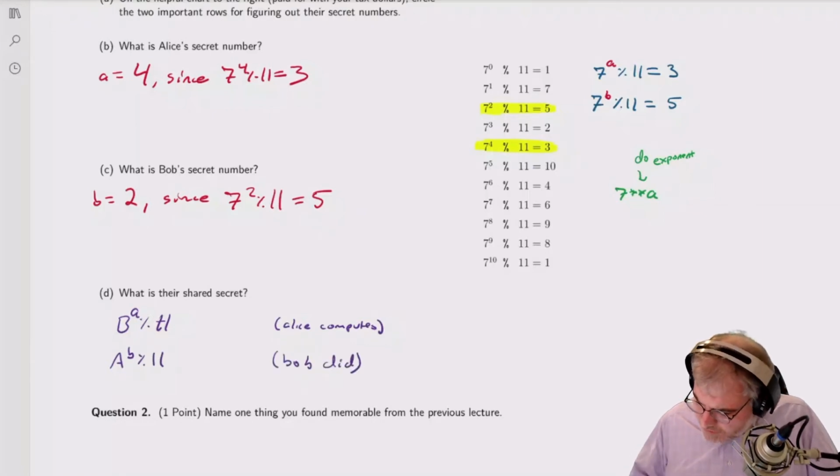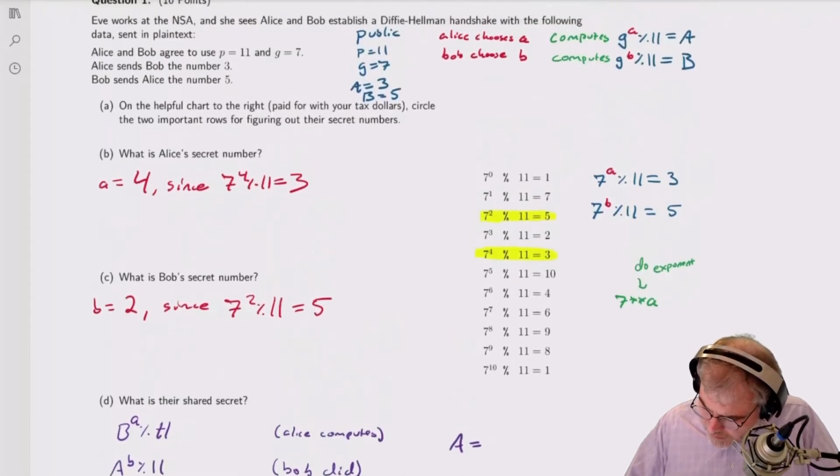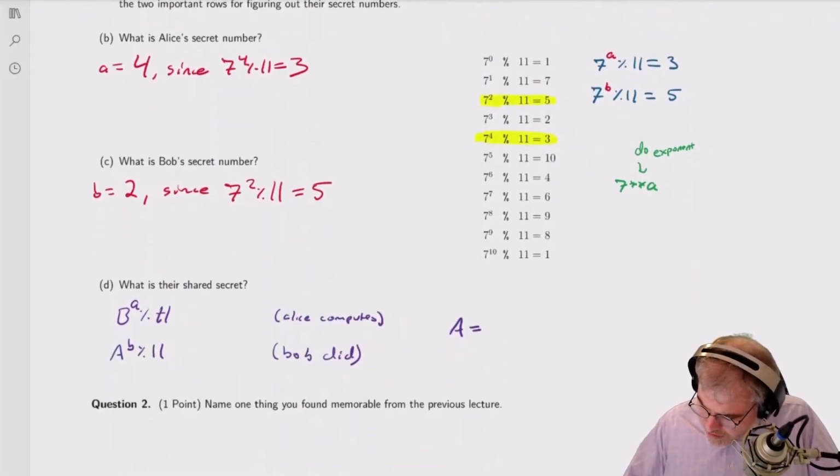But notice, I'll just take this thing. A equaled G, which was a 7, to the, and that will get me the key. So both of these tactics will get me the key.